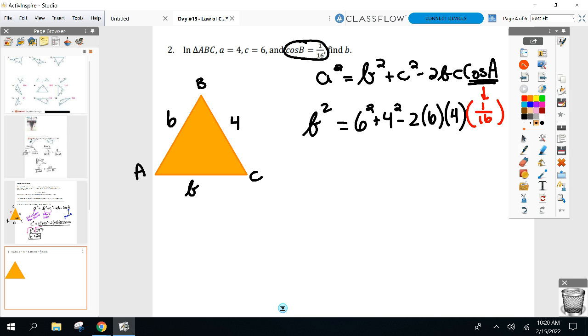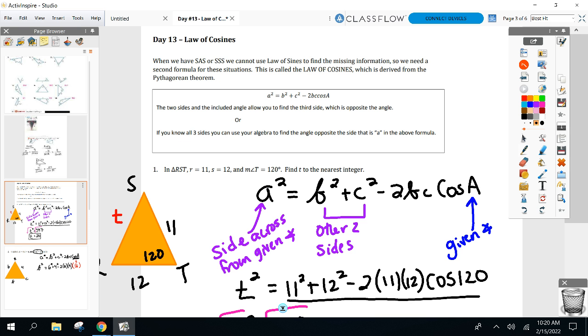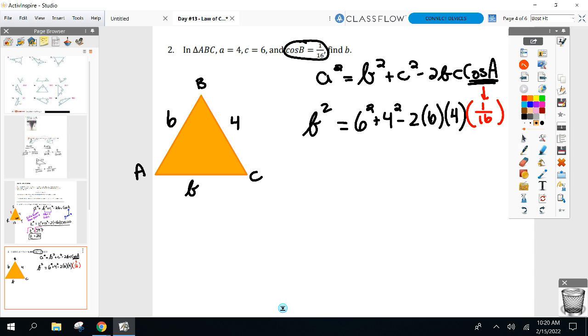They're telling me the cosine is 1/16. When's the only time I need to put cosine with it? When I'm given an angle measure. Look right now at numbers 1 and 2 and see the difference. Why I put cosine of 120 and I didn't put cosine 1/16. I know the value of cosine, so I just plugged it in. There's no reason to put cosine with it.